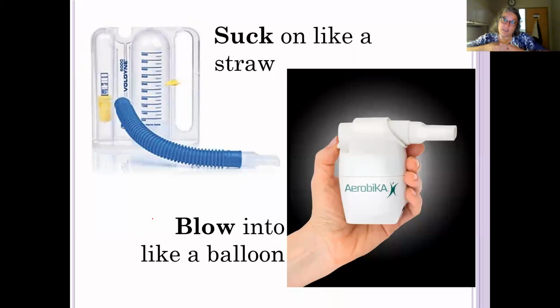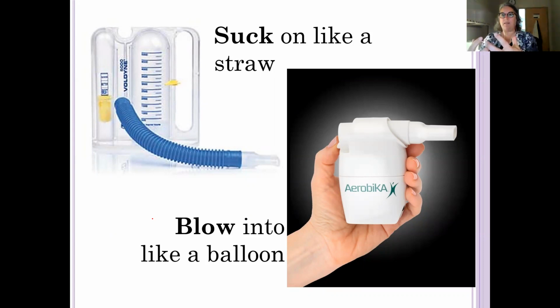Because if they're treating it like the vacuum game, or if they're sucking on it like a straw, what happens is it helps to pop open those alveoli down in the bottom of the lungs. If for whatever reason you couldn't hear me, let me do it again. Pop open those bottom alveoli in the lungs.